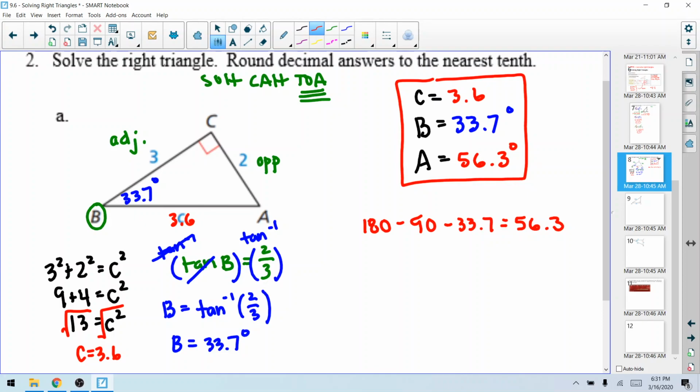Now, just out of curiosity, I kind of want to check that because I'm that kind of person. So, if I were to do it the other way, from angle A, this is now the opposite. This is now the adjacent. I'm still dealing with opposite and adjacent, so I'm still going to do a tangent. So I could do the tangent of angle A equals opposite over adjacent. I'm solving for a missing angle, so I could do an inverse tangent.